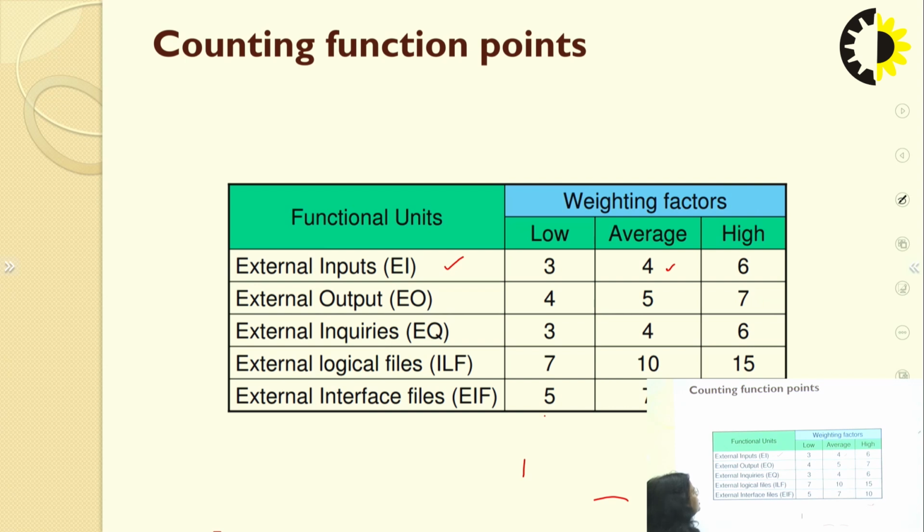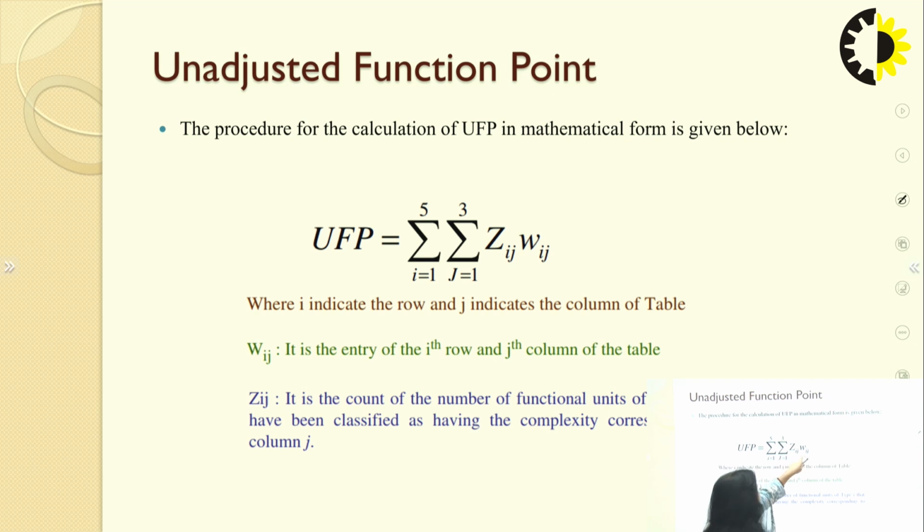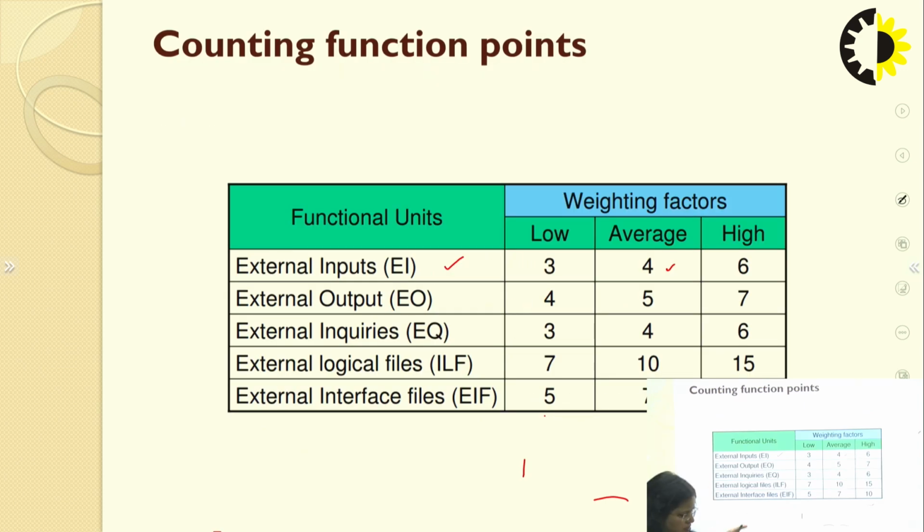For example, you can see in this table, these are the three columns: low, average and high. Wij is the value of the weight factor for the corresponding row and column, and Zij is the functional unit count. Okay.